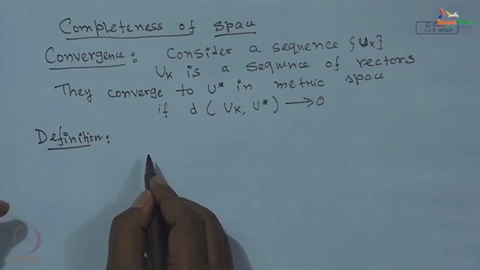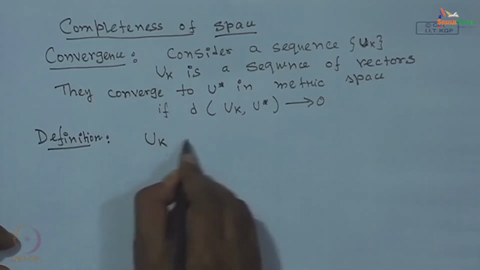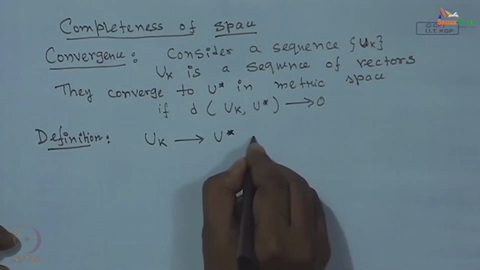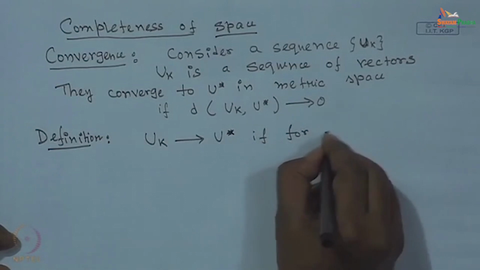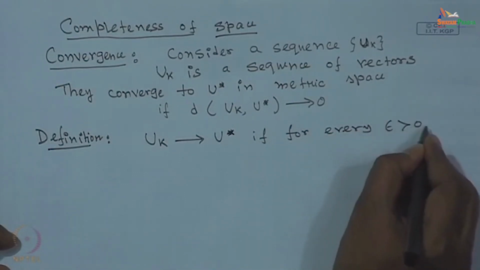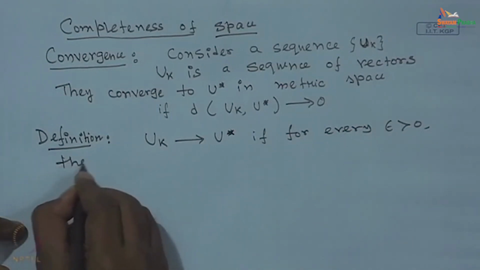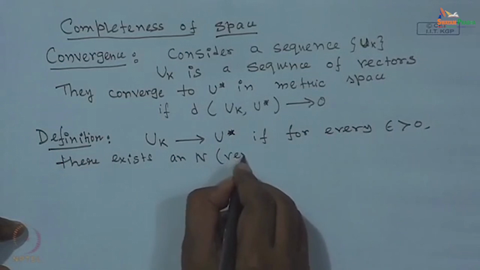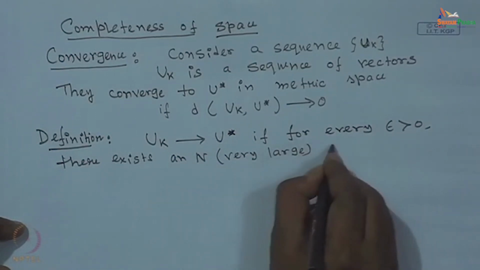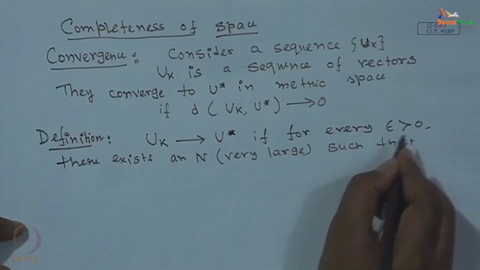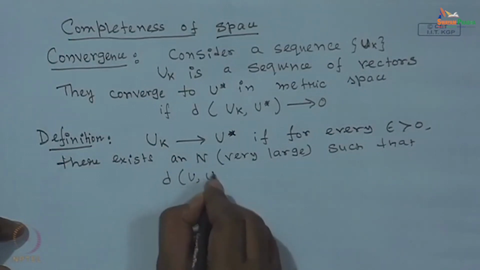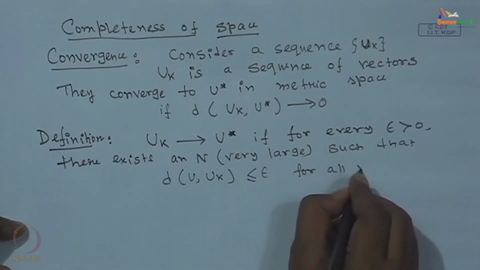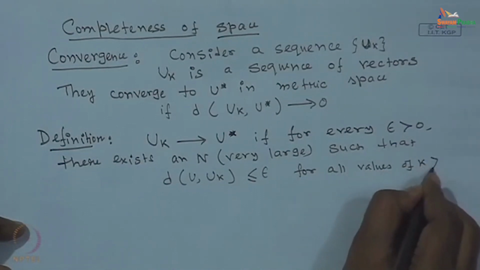To understand this concept, the exact definition is that the sequence u_k tends to u star, an element in the vector space, if for every epsilon greater than 0, where epsilon is an extremely small number, there exists an n which is very large such that the metric between u star and u_k is less than or equal to epsilon for all values of k greater than n.